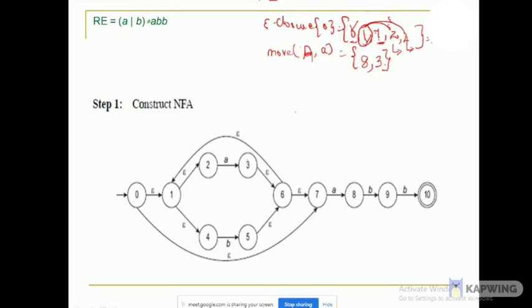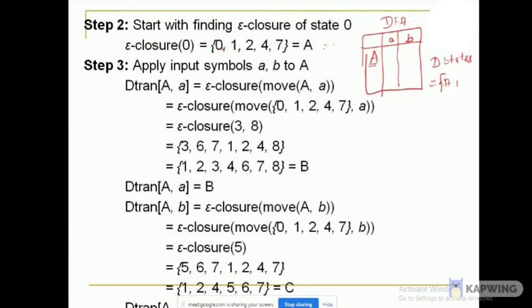And we have to check, do we have these combinations of states in our DFA? In our D states, we have only A, which has the combination 0, 1, 2, 4, 7. But the new one has only 3 and 8, right?